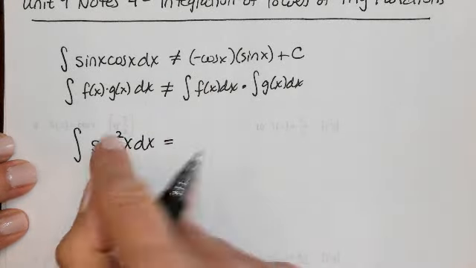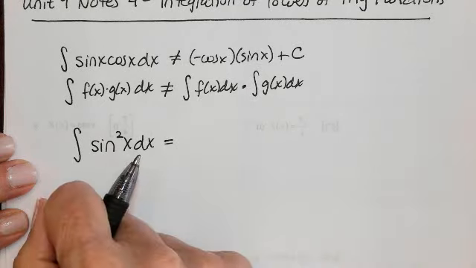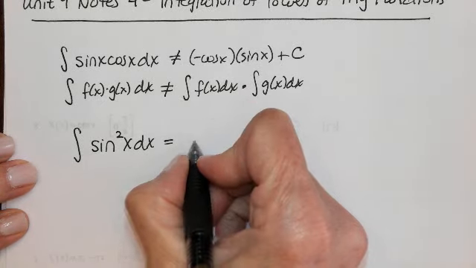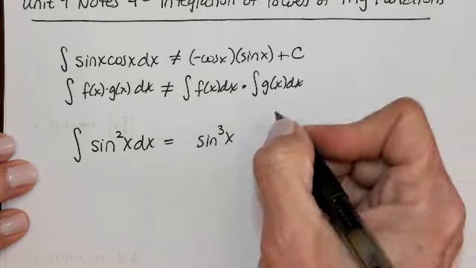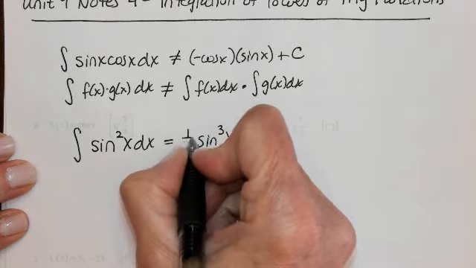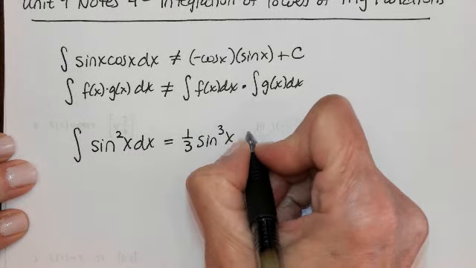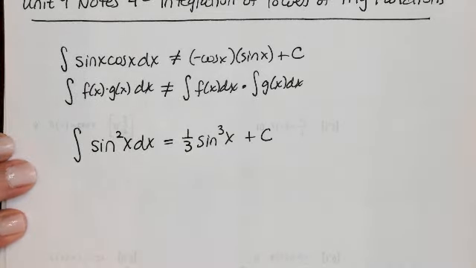They see a power, they want to use the power rule. So they'll say, oh, that's sine cubed x, because I raised the power by 1, and then I just multiply by a third, add c, I'm done. Gosh, this was so easy. No, can't do that. It doesn't work.